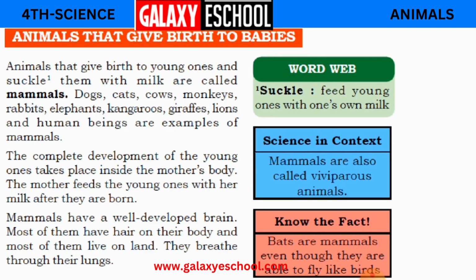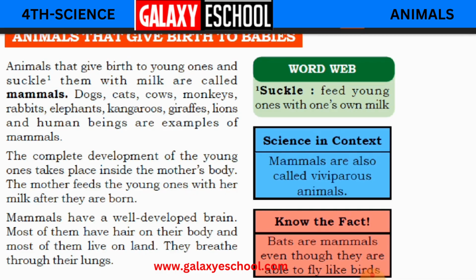Animals that give birth to young ones and suckle them with milk are called mammals. Suckle them with milk in the sense what, children? They feed the young ones with their own milk. These animals are called mammals.